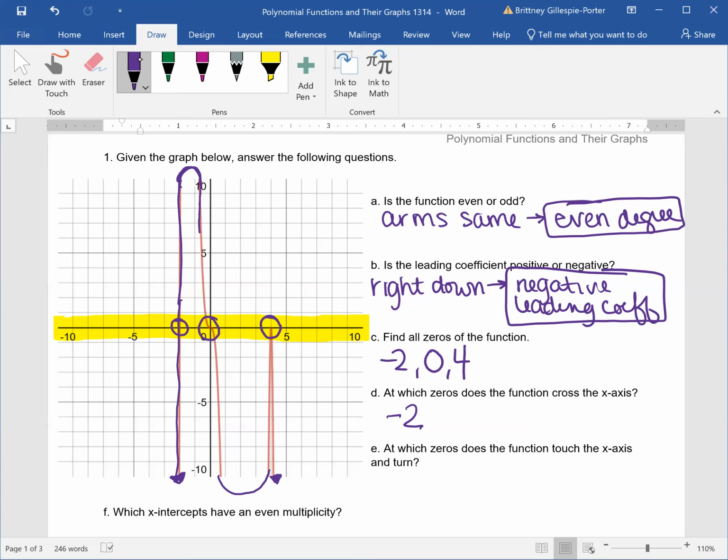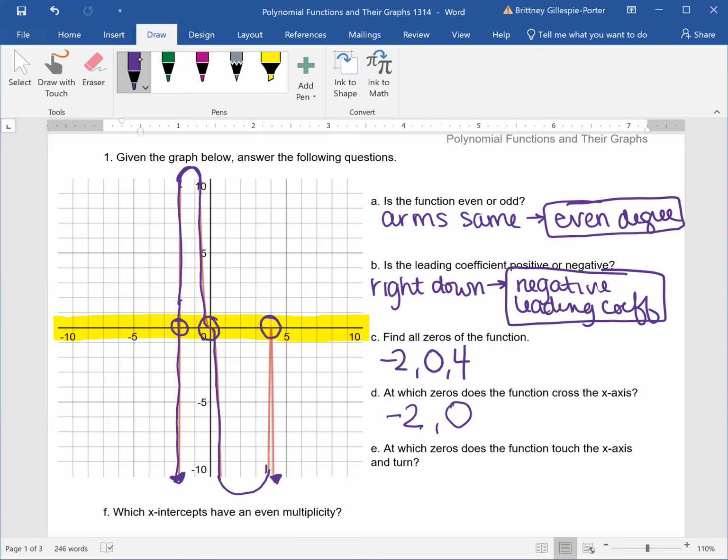When we come down the middle stretch, we're above the x-axis, and then we wind up below the x-axis. We had this little twisty turny thing going on in the middle. So that means at x equal to 0, we're crossing the x-axis.